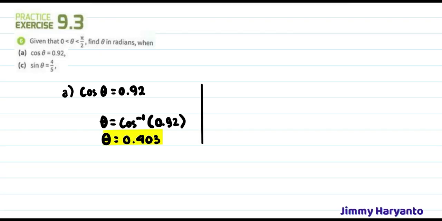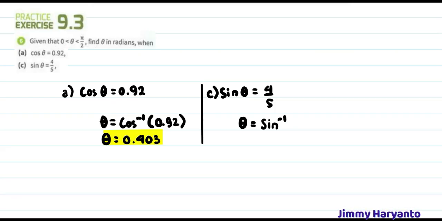Next is C. For the C, we have sine theta equals 4 over 5. That means theta equals sine to the power of -1 of 4 over 5. And then the theta will be, let me calculate this one first, 0.927 as the result.